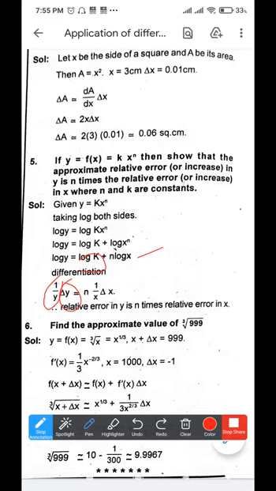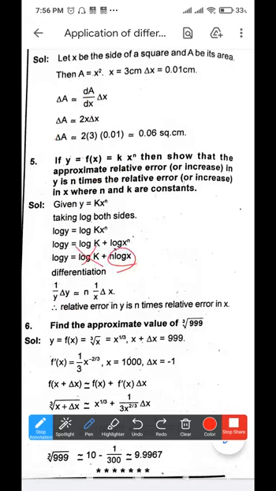What is differentiation? K is a constant. Okay, so differentiation of a constant value will be 0. Differentiation of 2 is 0. Differentiation of any constant value will be 0. Okay, but this is not constant.